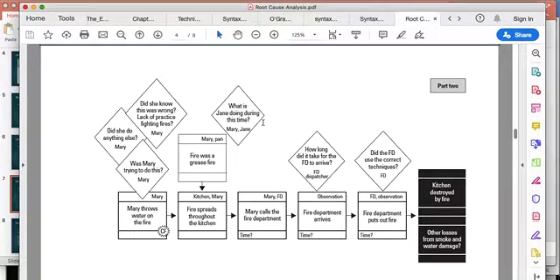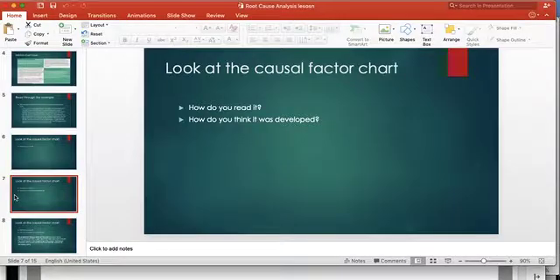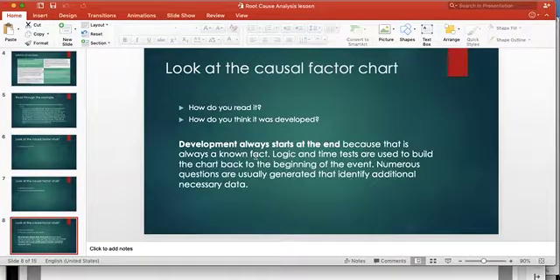The answer is that it's developed backwards, right? From the end to the beginning. So development always starts at the end because that is always a known fact. Logic and time tests are used to build the chart back to the beginning of the event. Numerous questions are usually generated that identify additional necessary data.